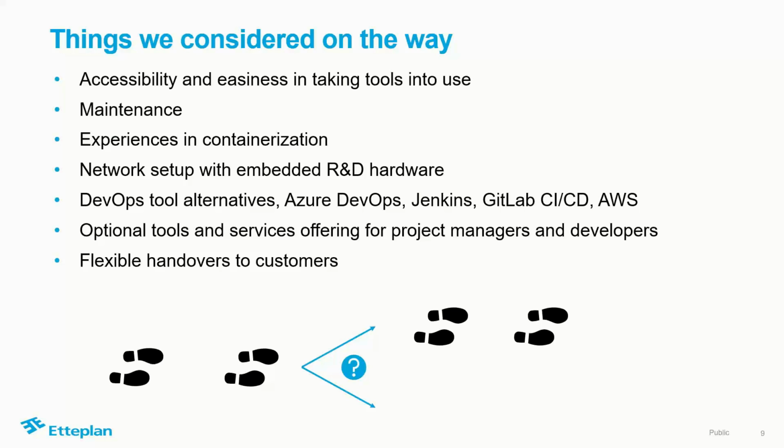Then, in terms of DevOps tools and alternatives, there are a few that we were considering to be utilized as the core of our DevOps working model: Azure DevOps, Jenkins, GitLab CI/CD features, and also Amazon Web Services was under consideration.